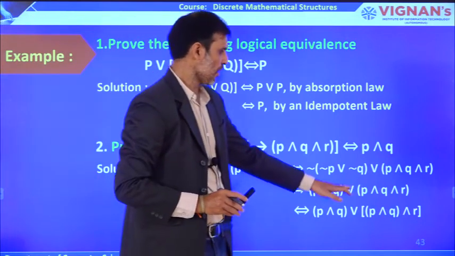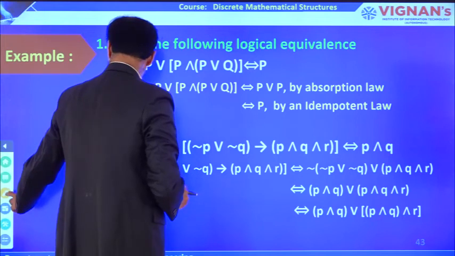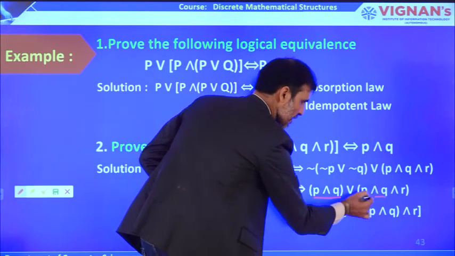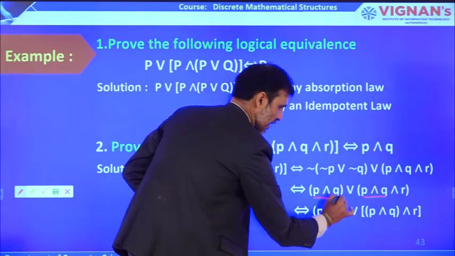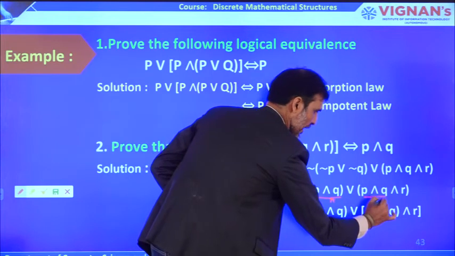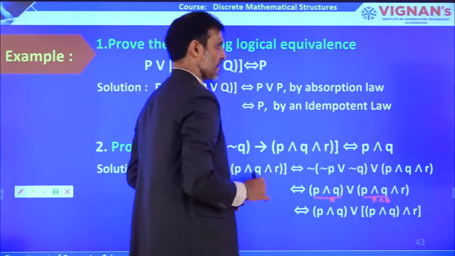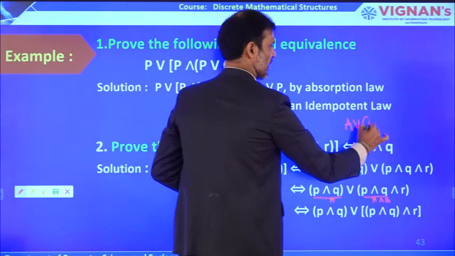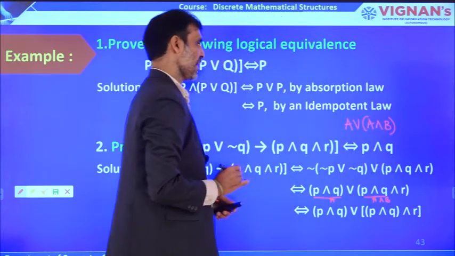P and Q or P and Q and R. So here, if you observe the two compound sentences, P and Q is there here, and P and Q is there here. Let us assume that this is A and this is A and B. So A or A and B. How do we write it?